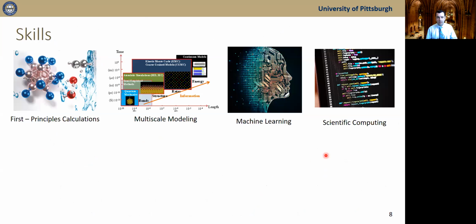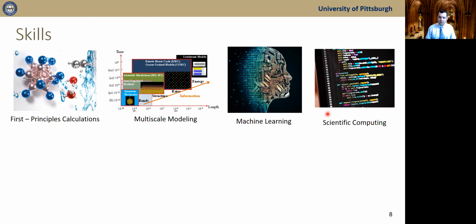Now, the students in our lab develop skills which are related both to technical research skills, but also to their career development. For example, on the technical side, they develop skills on first principles calculations, on multi-scale modeling, on machine learning, and on scientific computing.